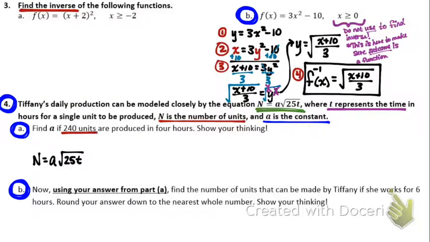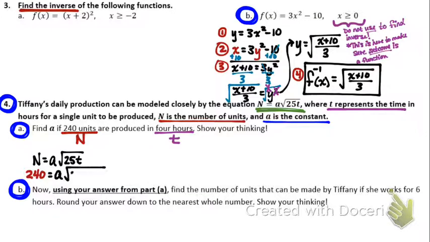Yeah, 240 units. They give us the time. What is the time? 4 hours. So let's make those substitutions. We're going to put 240 here in the place of the N. Do we have anything to put in the place of the A? No. So I just have to leave it as A because they didn't tell me that.